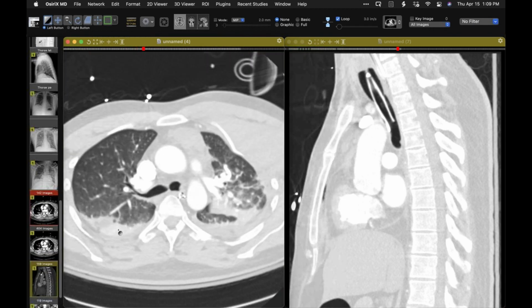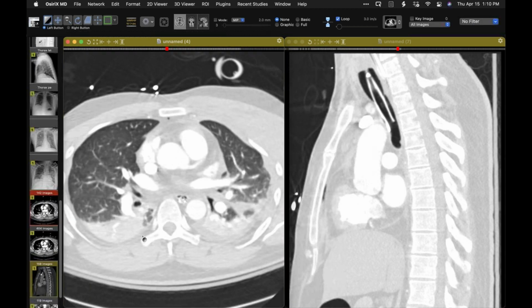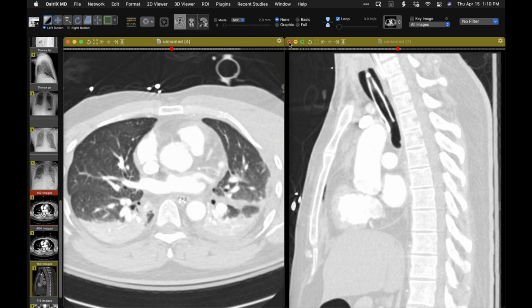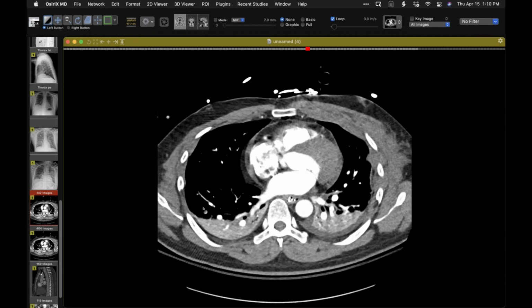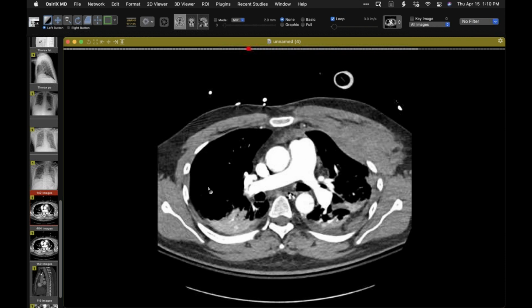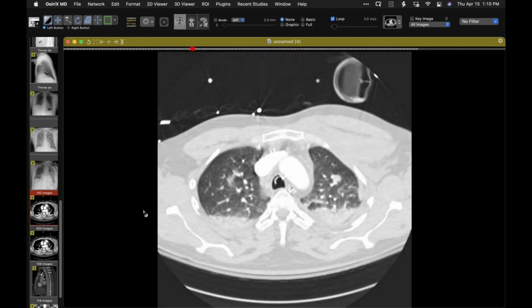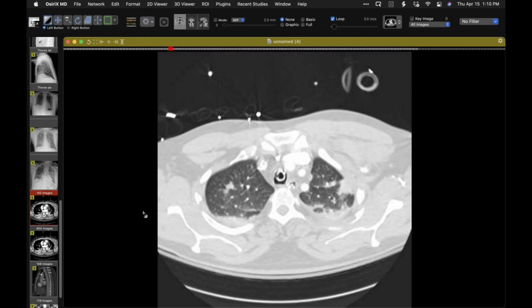So pleural fat and then extrapleural hematoma adjacent to fractures. And then I think it's very likely that these focal opacities up here are lung contusions in the upper lungs from the CPR. So pretty dramatic findings of, let's say, vigorous CPR.